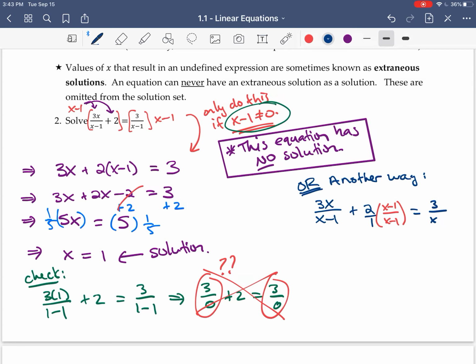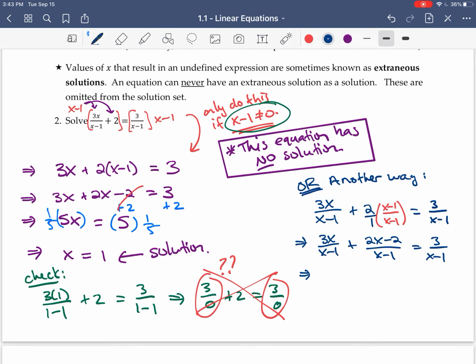And then we have 3 over x minus 1. That's going to give me 3x over x minus 1 plus 2 times x minus 1, so 2x minus 2 over x minus 1 equals 3 over x minus 1.